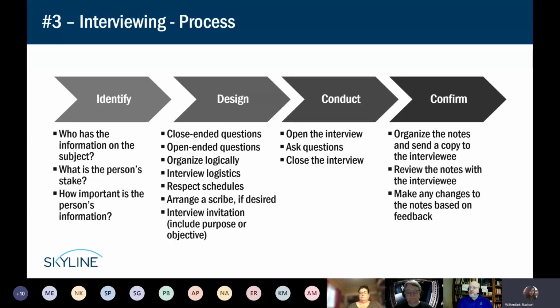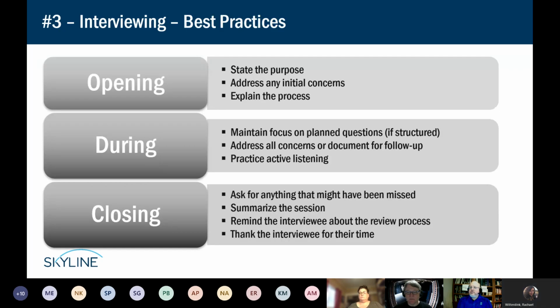It's very easy in communication to get things lost in translation, misunderstandings. Having that review and opportunity for the person to say, yes, that's what I said, or no, you need to make this adjustment, makes sure that you're on the same page.